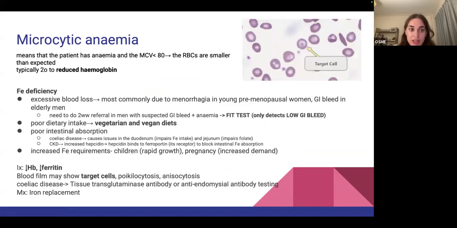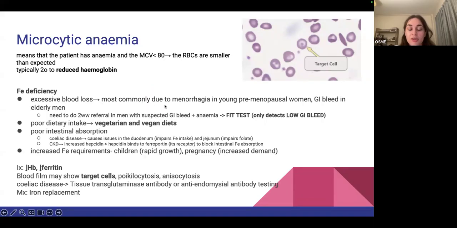So, microcytic anemias. This is where, as I mentioned earlier, the MCV is less than 80 and the red blood cells are smaller than expected, because there's reduced hemoglobin. The most common cause of a microcytic anemia, and the one that you should be thinking about before any other cause, is iron deficiency. The causes can be due to excessive blood loss.